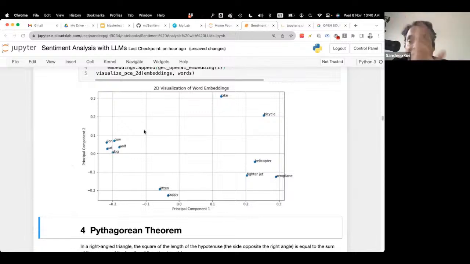All these 1500 numbers we converted, like the way you take a photo and you reduce the dimension, we kept on reducing the dimensions using an algorithm. Now we are plotting that on 2D. You see that? So cow, wolf, cat, dog, and lion are very close by, while bike, bicycle are close by, helicopter, fighter jet, aeroplane are close by, and kitten and puppy are close by. You see that?